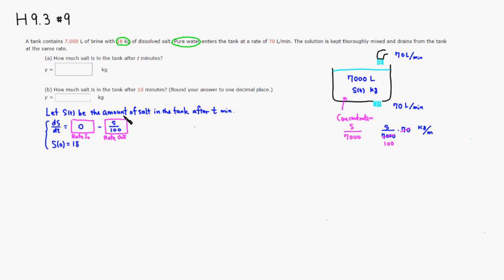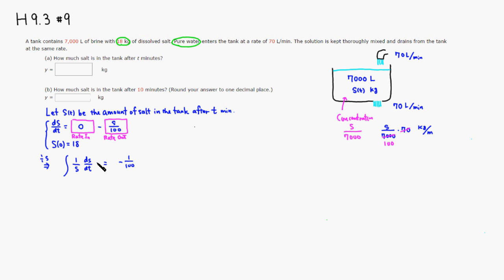All right, so this is the initial value problem, so we can just solve this. Since it's separable, I'm going to divide through by S. So you get 1 over S dS/dt equals negative 1 over 100.